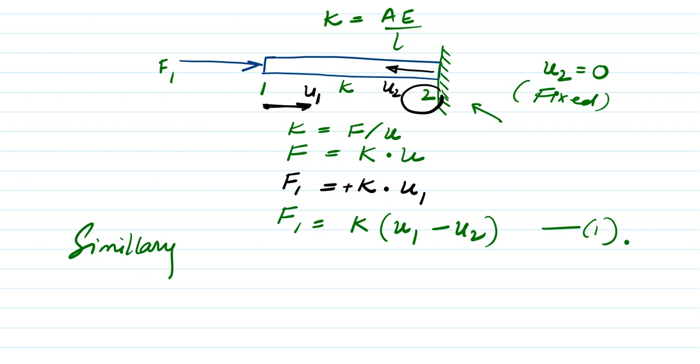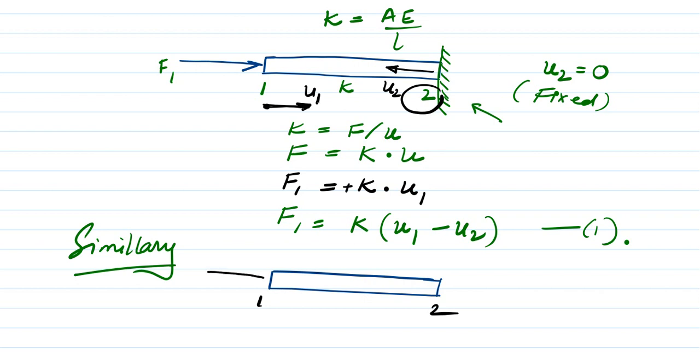For example, with the same element, node 1 and node 2, the displacements are the same, U1 and U2, and the direction of force is also the same. Now we make node 1 fixed.